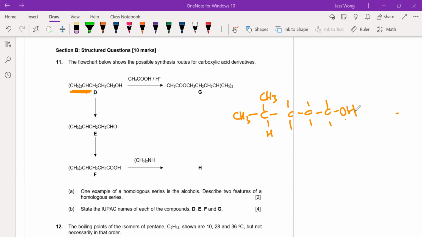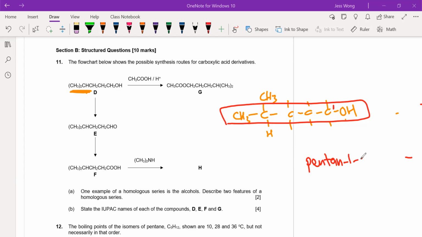Our longest chain is this over here. Highest priority should be given to the alcohol, because it's number 1 in this case. So this is 1, 2, 3, 4, 5, so it's called a penta-1-ol. Then 2, 3, 4, and so we have a 4-methyl. Take note, number 1 is given to the alcohol because that's the highest priority functional group.